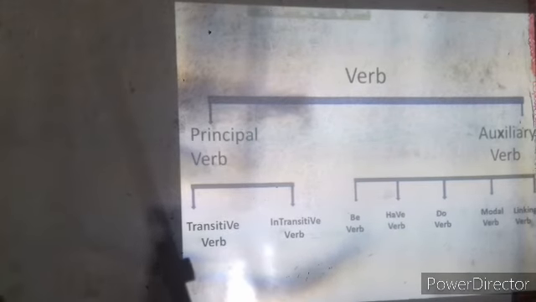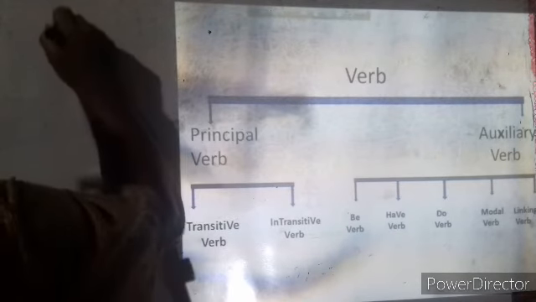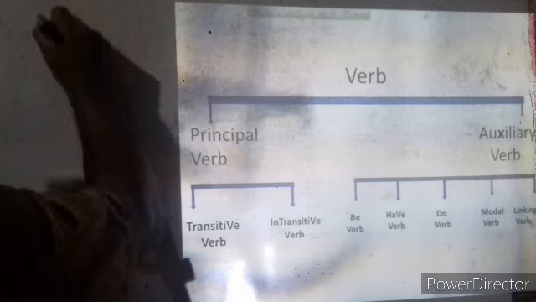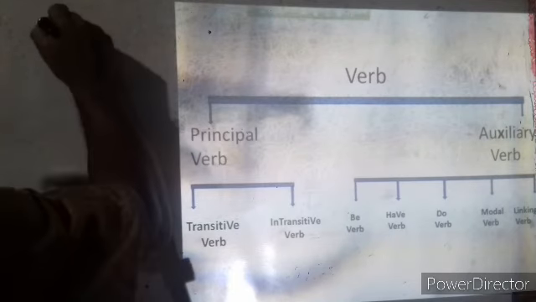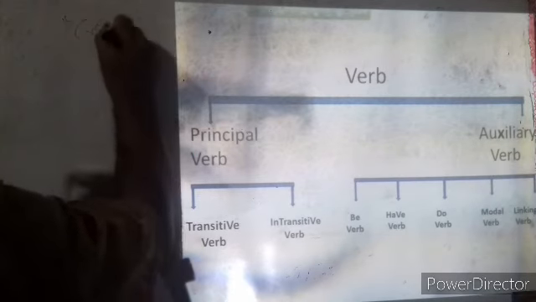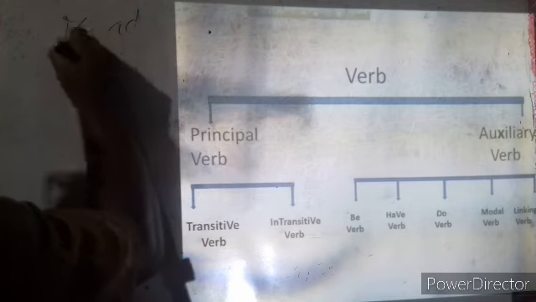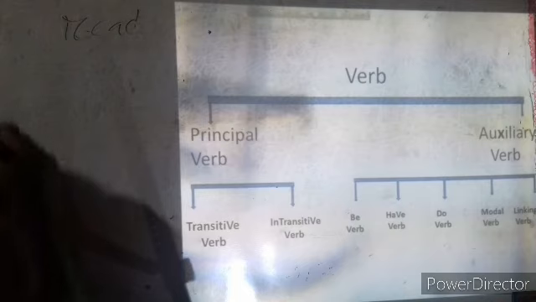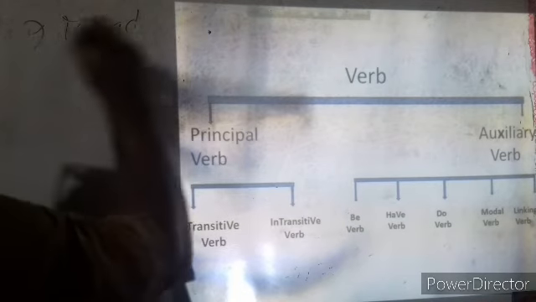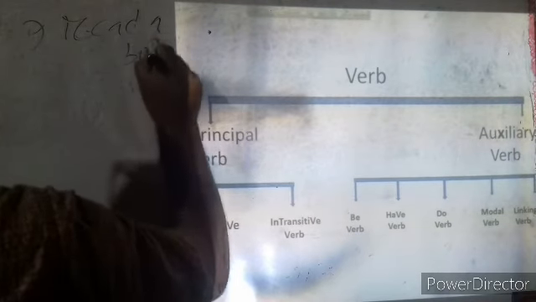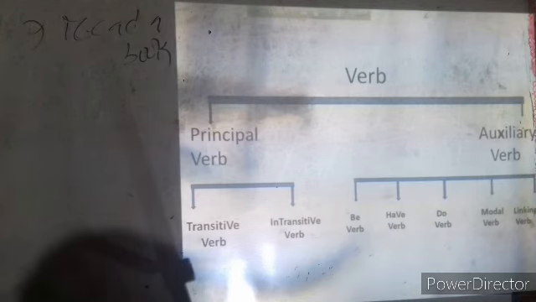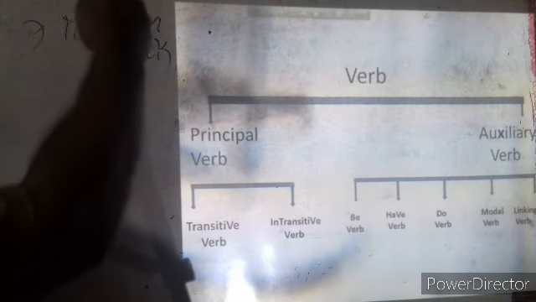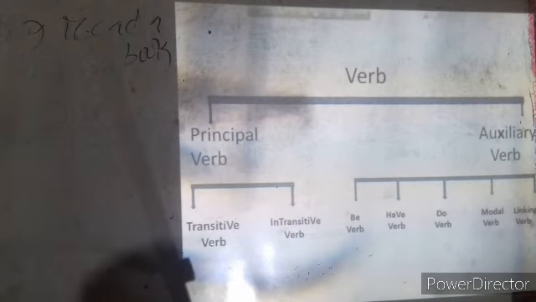Now another example I would like to share with you. Read. Read, my dear student, read. It is a verb also, and if we write I read a book, then it will be very easy. Is read transitive verb or intransitive verb? What do you read? The answer will be a book. So read is transitive verb.